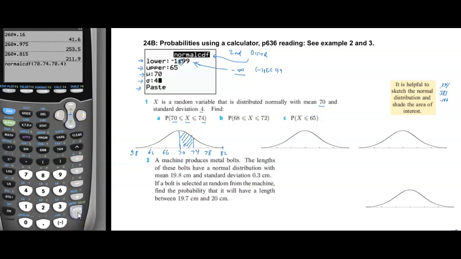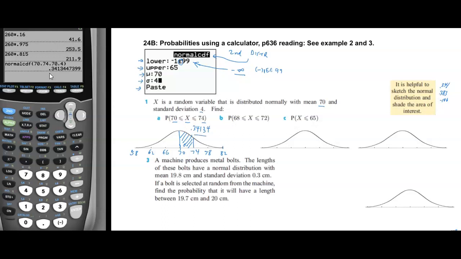And then we hit enter and enter again. 0.34134. Okay, so I'm going to put 5 sig figs as a habit just for normal distribution, because you'll see that later sometimes it comes in handy to have a lot of sig figs. So we're going to put 5 sig figs, 0.34134, for the answer for this one.